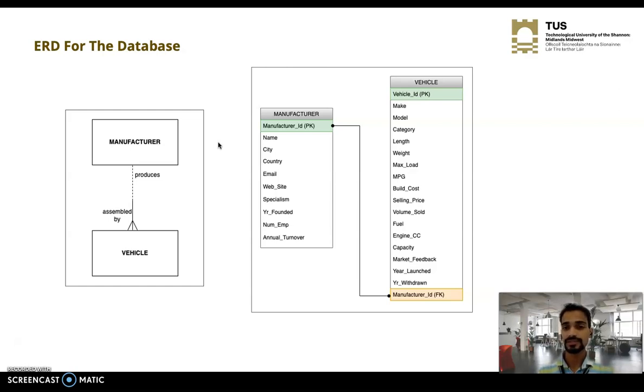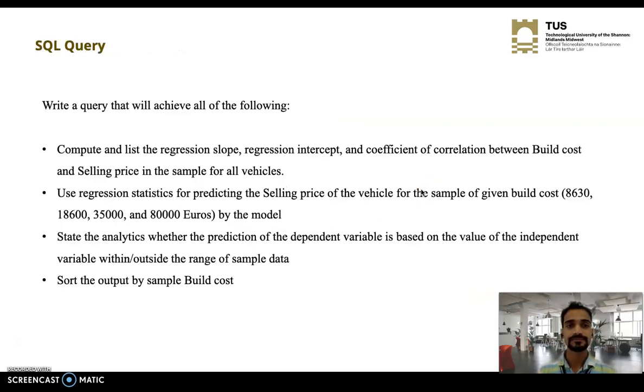Now what I am interested in is predicting the selling price of the vehicle based on the build cost. So let's see how it can be done. As I said, to predict any value, we should first compute the regression slope, the regression intercept, and then the coefficient of correlation. The coefficient of correlation is really necessary because we will go forward to the regression only if there is a strong correlation between the two variables.